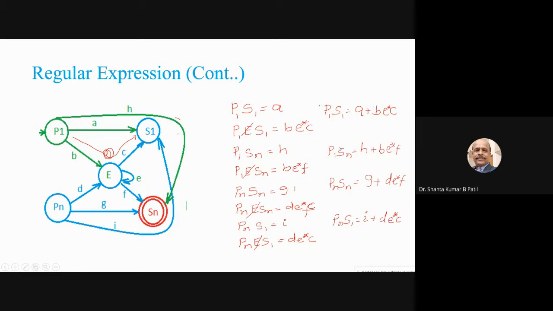One is P1S1 and second one is P1SN, PNSN, PNS1.